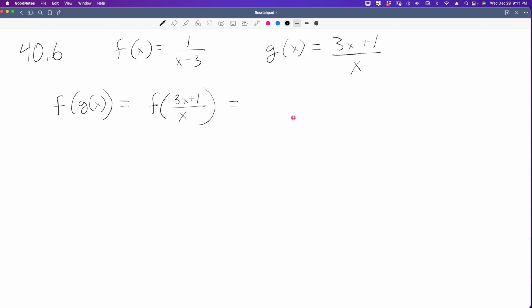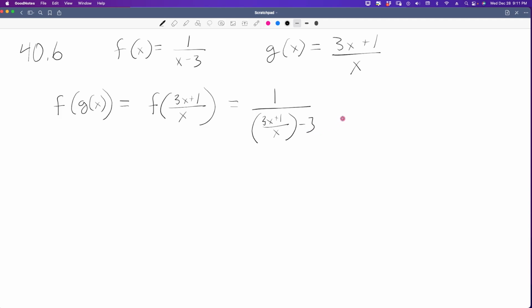So that's going to be, let me see if I can wrap my head around this for just a second. Okay, that's going to be 1 over, parenthesis, 3x plus 1 over x, minus 3. So I need to get a common denominator.